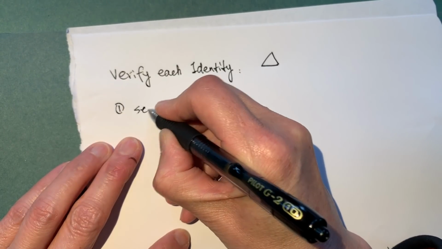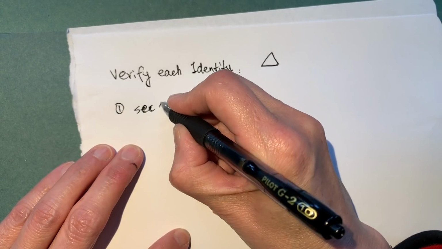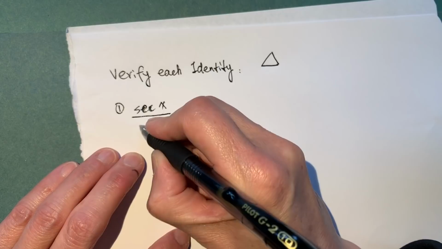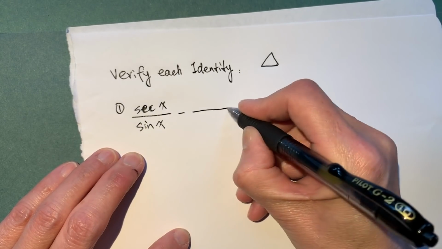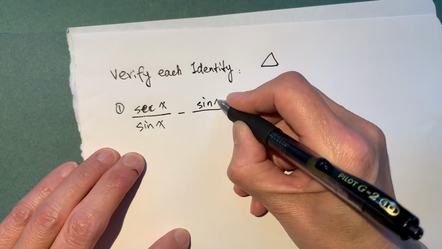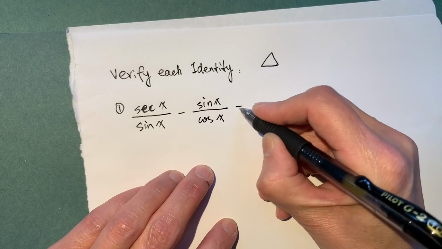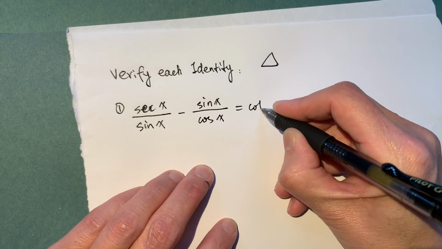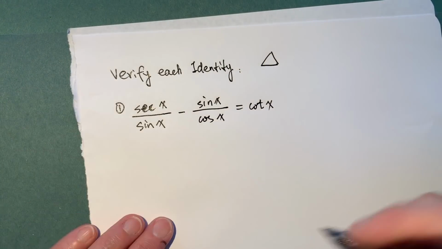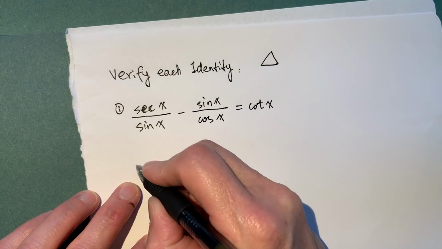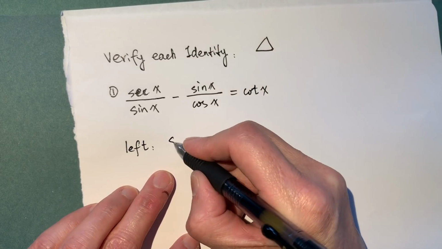Problem: secant x over sine x minus sine x over cosine x equals cotangent x. So first, forget about the right side. From the left side, we will copy it.